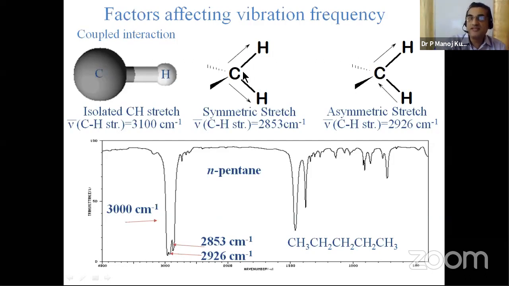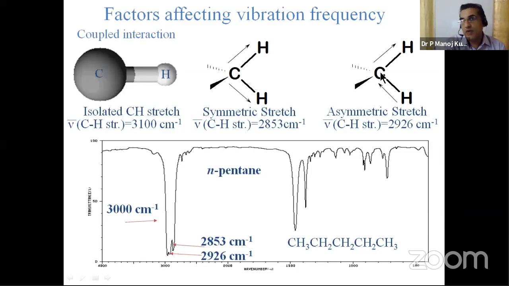What do we mean by in phase? Both bond lengths increase and decrease together. When this carbon-hydrogen bond length is increasing, the other is also increasing; when it is decreasing, the other is also decreasing. That is what we call the symmetrical stretch.